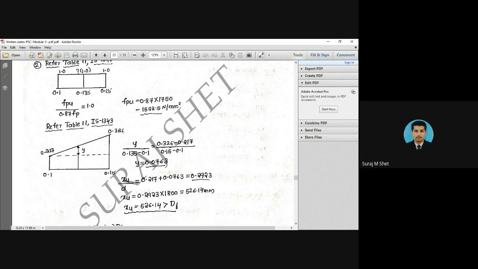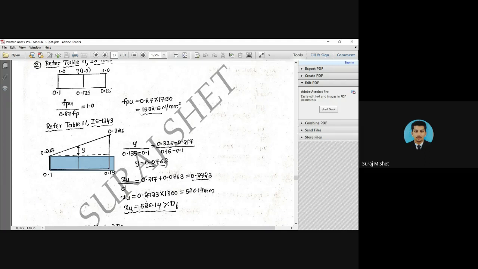See, the upper value 0.326 minus 0.217 divided by 0.15 minus 0.1 is equal to the unknown value y divided by 0.135 minus the lower value 0.1. So cross multiply, you get the y value, and the y value should be added to the rectangular section value 0.217. So 0.217 plus this y value will give the unknown value for 0.135. So the XU by D ratio I got is 0.2923.